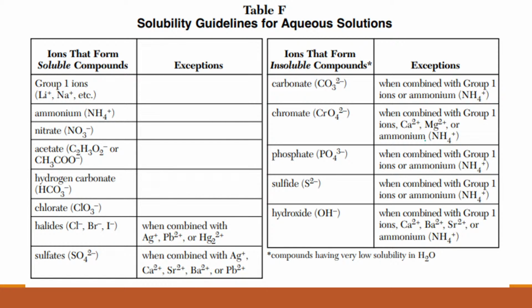All of these contain the same sentence here when combined with group 1 ions or ammonium. There are also unique exceptions, but all of these will be soluble if paired with a group 1 ion or ammonium. And remember, a group 1 ion is anything in that first column of the periodic table. It does not list them all for you.